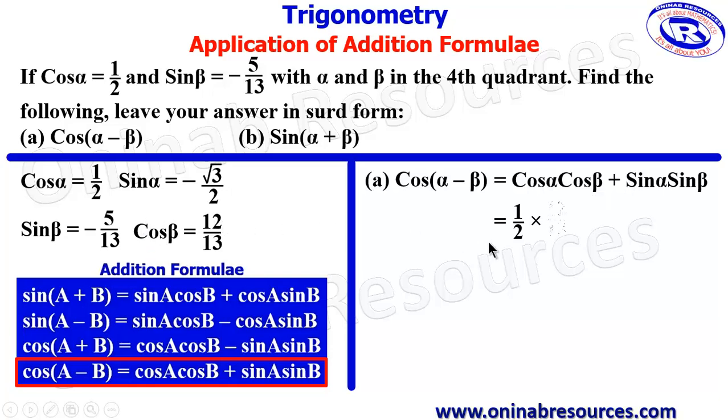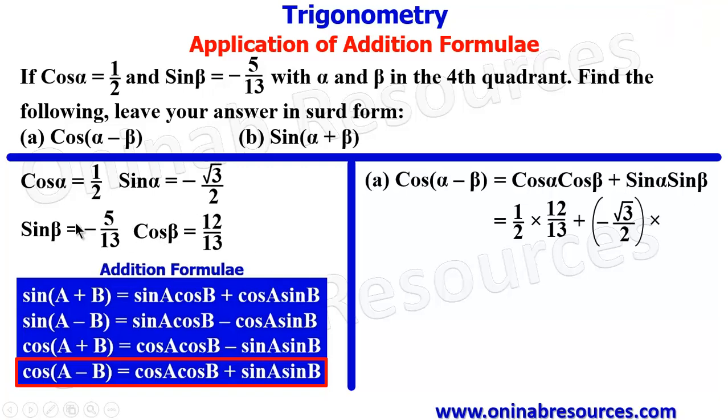Cos beta is 12 over 13. Then plus sine alpha. Sine alpha is negative root 3 over 2. So we have negative root 3 over 2 times sine beta. Sine beta is negative 5 over 13. So multiply by negative 5 over 13.